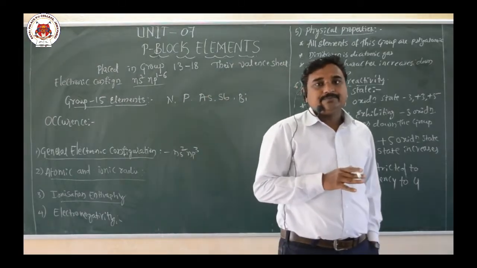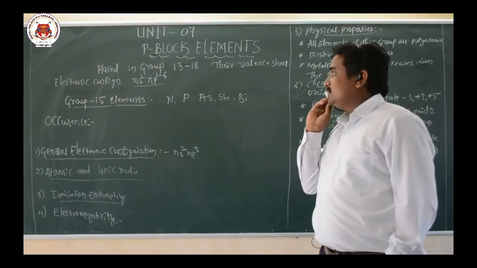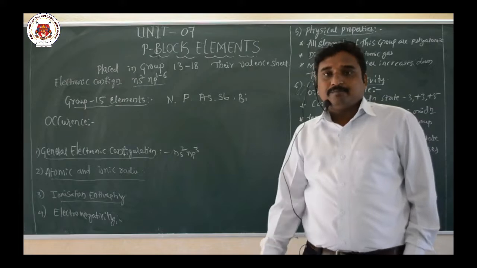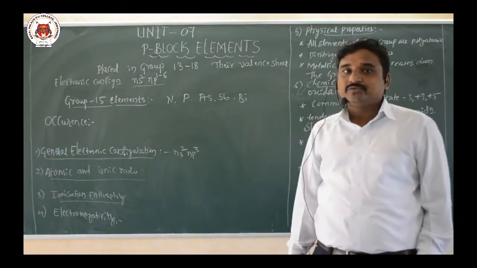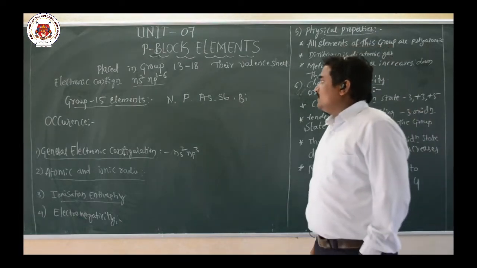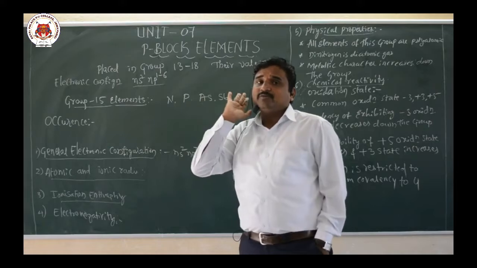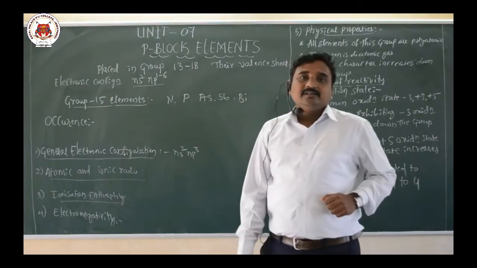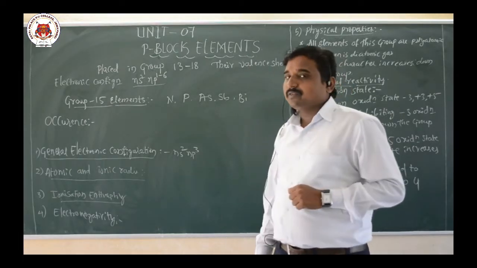For group number 13 elements, the electron starts entering the P orbitals, hence they are considered P block elements. The general configuration is ns2 np1 to 6, because we already know that the P orbitals can occupy a maximum of 6 electrons.